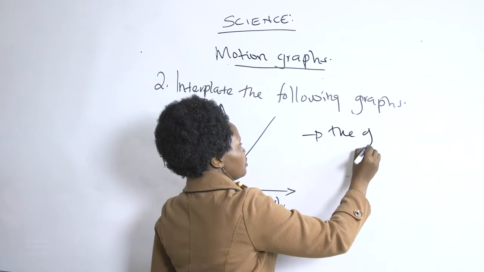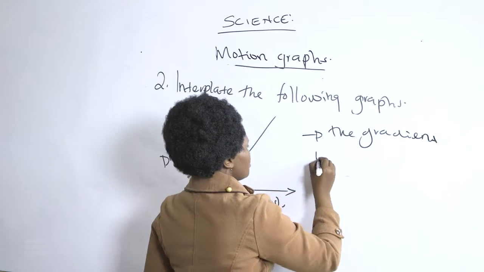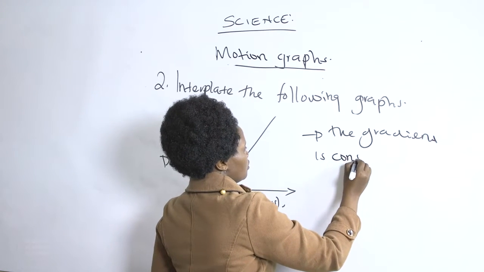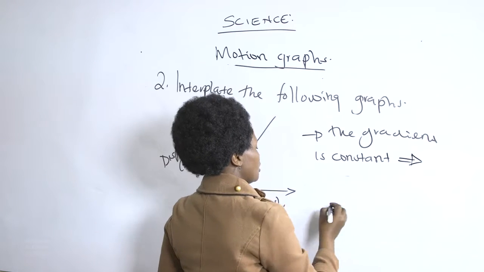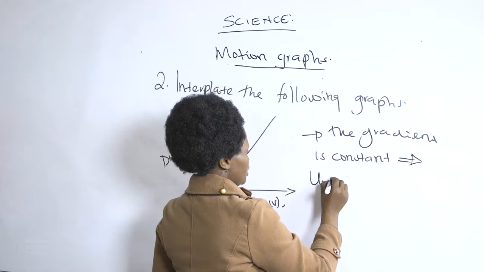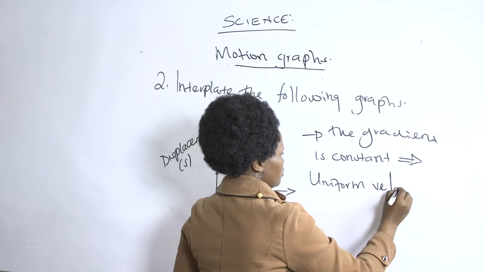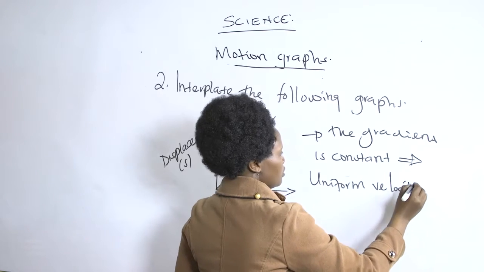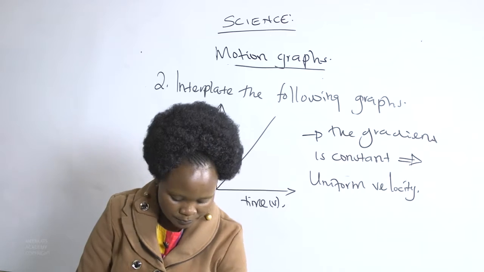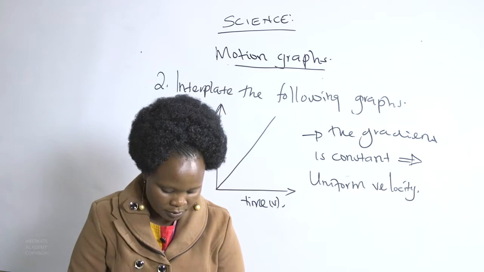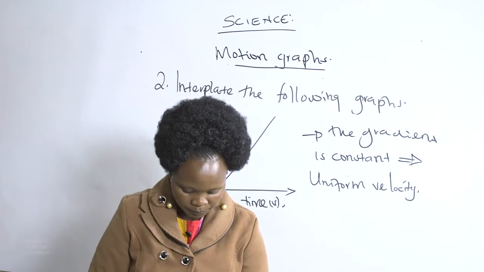The gradient is constant, and this implies uniform velocity.